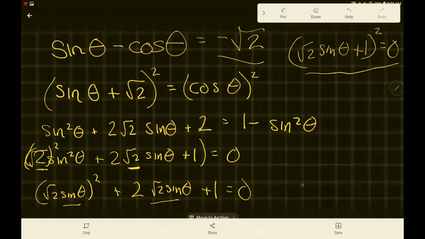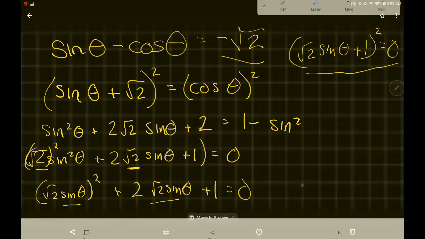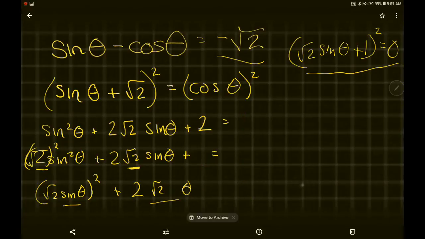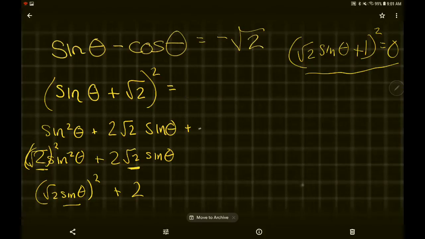It's a perfect square of square root of 2 sine theta. And so we have a perfect square trinomial. So hopefully that makes sense to you. It is an unusual one, but we're going to now proceed with that factoring to find our roots.